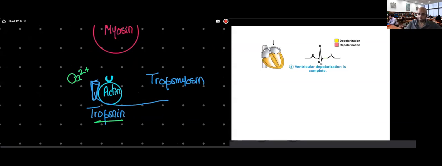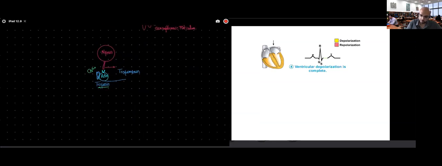Once I expose the binding site on the actin subunits, the myosin will form cross bridges that will bind to the actin and will be dragging the actin, in other words, the thin filaments, to slide along the length of the thick filaments. And this will do what to the length of the muscle cell, or the muscle fiber here?